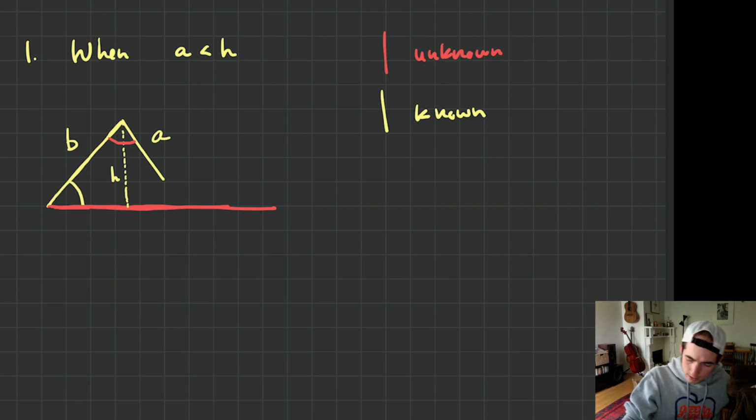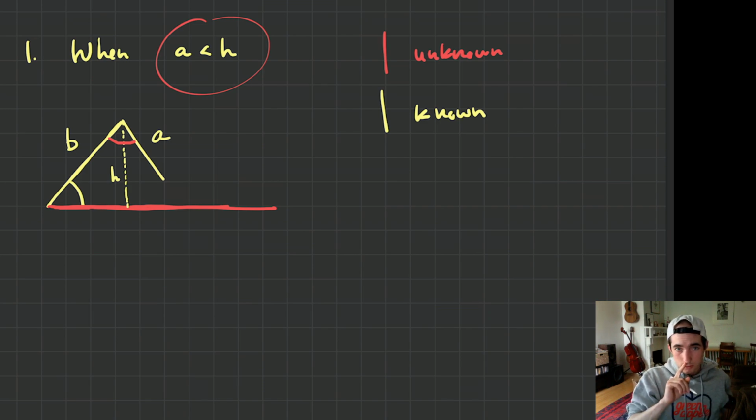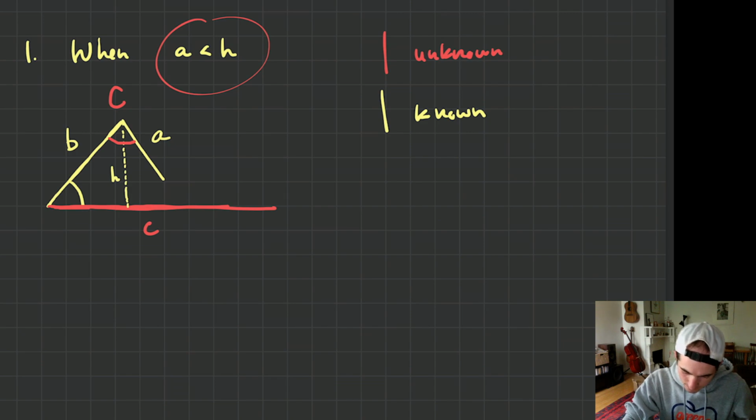So you might notice that when A is less than H, it's actually impossible for this A to intersect with our side, I guess this was our side C, right? We don't know the side C, and we don't know the angle C. So if A is less than H, maybe A is here, maybe A is here, but it's not possible.